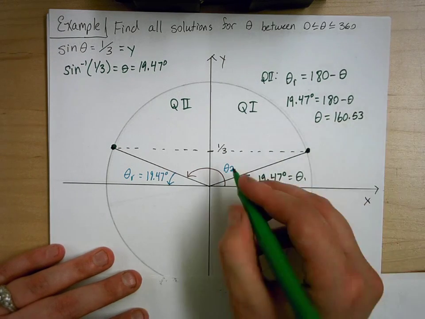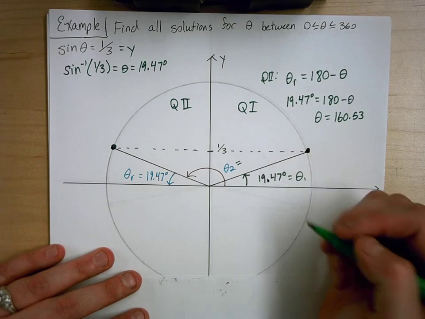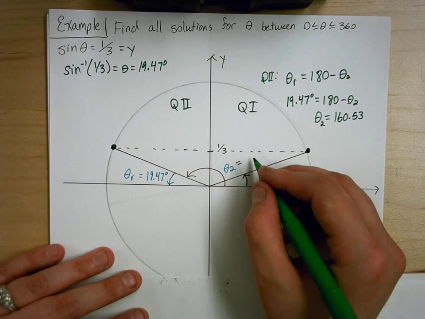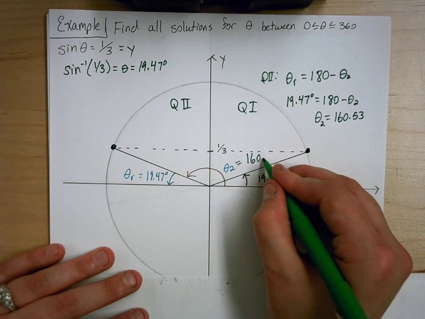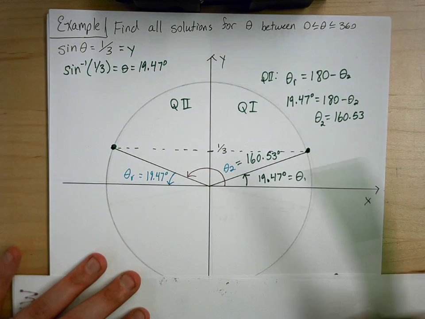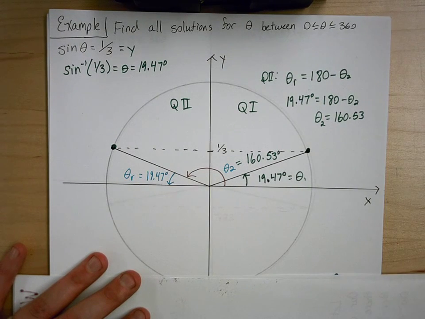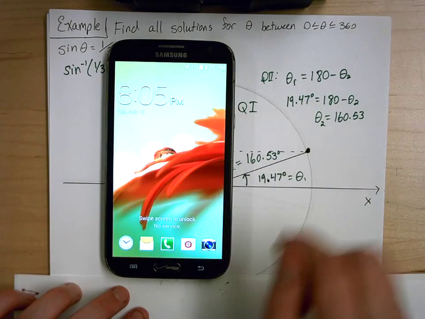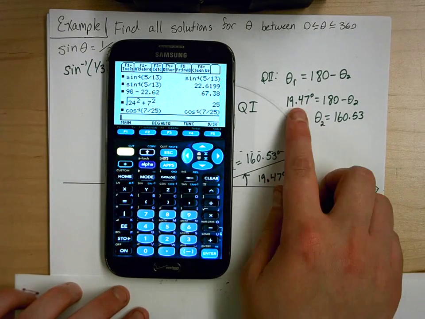160.53. Right, so this other theta here, theta 2 I labeled it, I should label it here too, sorry about that. It's going to be 160.53 degrees. Alright, so let's plug this into our calculator, and let's make sure that that checks out. Okay. So first let's check that this one makes sense.